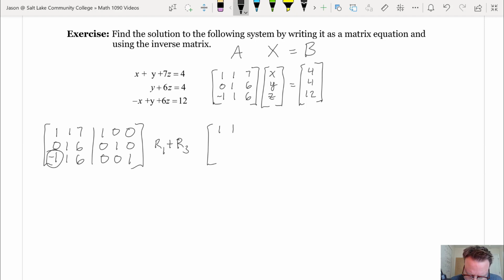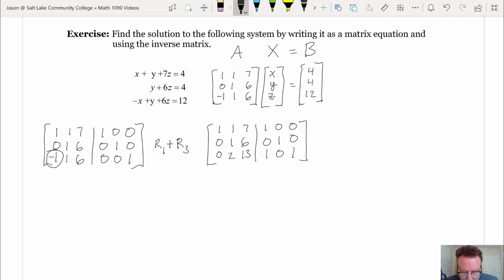We have 1, 1, 7, 1, 0, 0, and then 0, 1, 6, 0, 1, 0. And when we add the first and third rows and store the result in the third row, we get 0, 2, 13, and then we have 1, 0, 1.